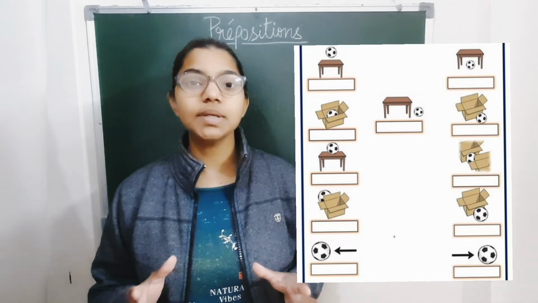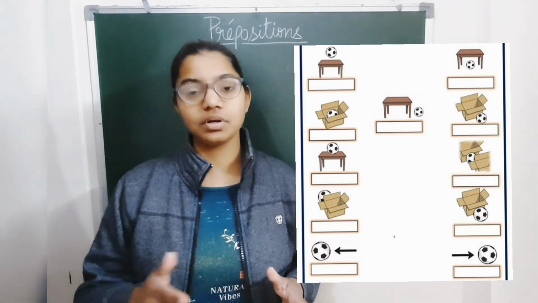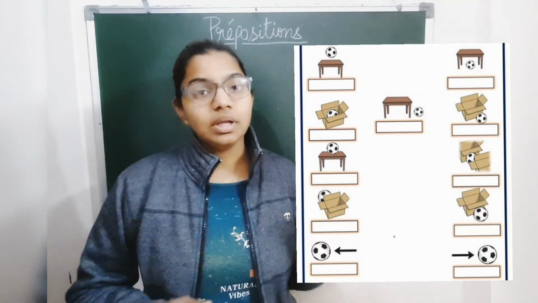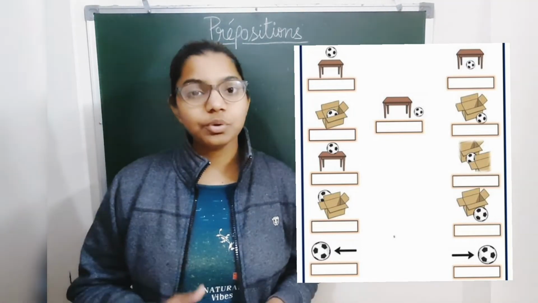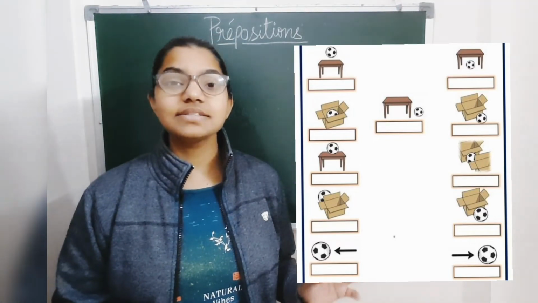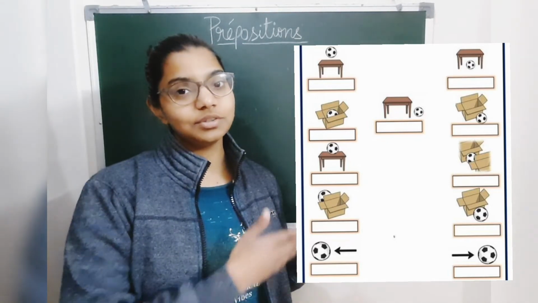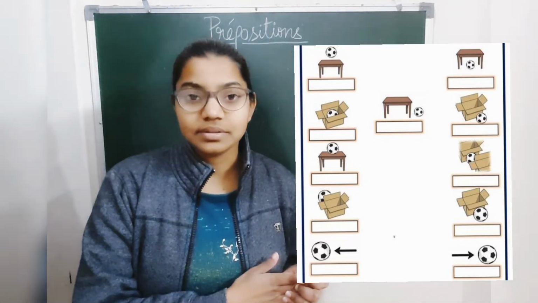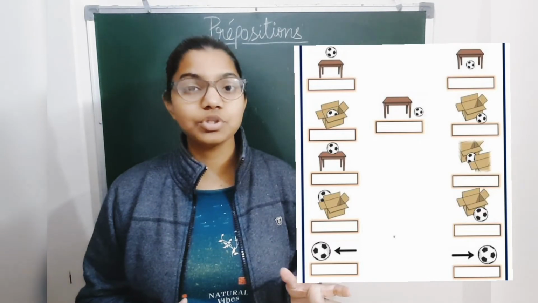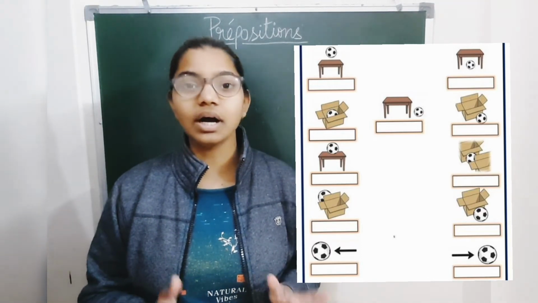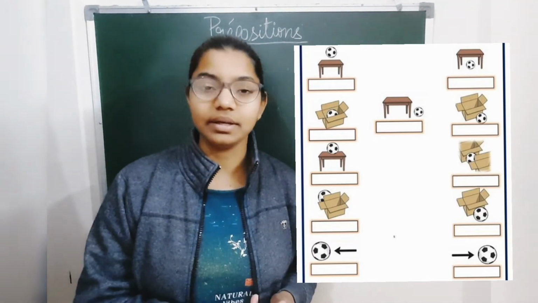So, la balle est devant la boîte. In the last, the arrow shows that the ball has to be moved to the right. So we have to use the preposition à droite, which means to the right.